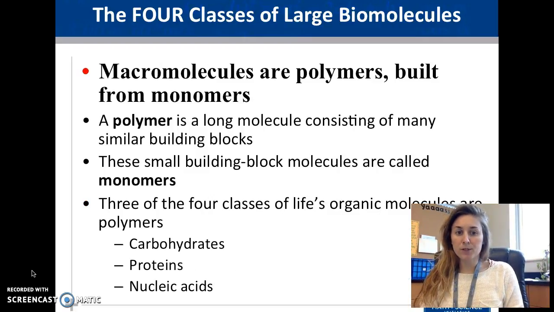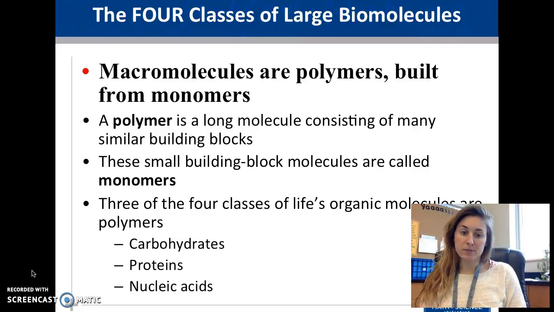Macromolecules are polymers built from monomers. So for each lipid, protein, carbohydrate, you should know what the monomers are, which is the smallest unit, and what the polymer is, which is the large chain unit that makes up the protein or the carbohydrate. Three of the four classes of the organic molecules are polymers: carbohydrates, proteins, and nucleic acids.